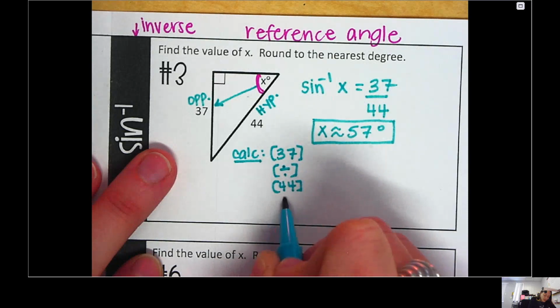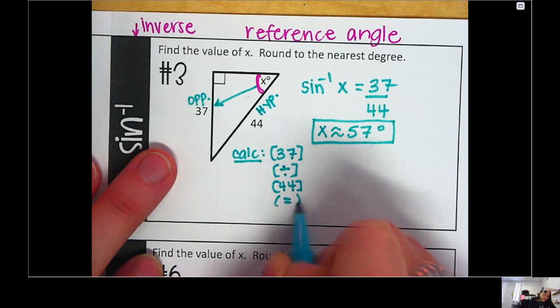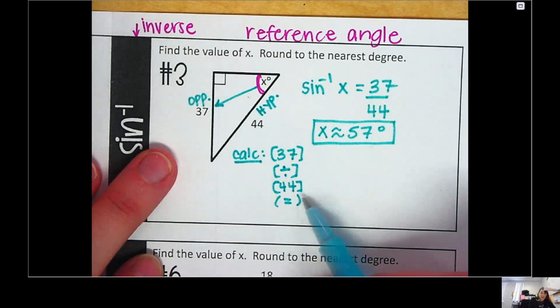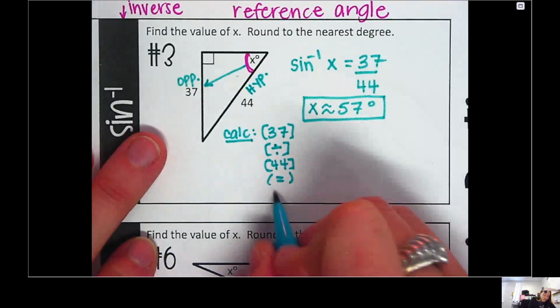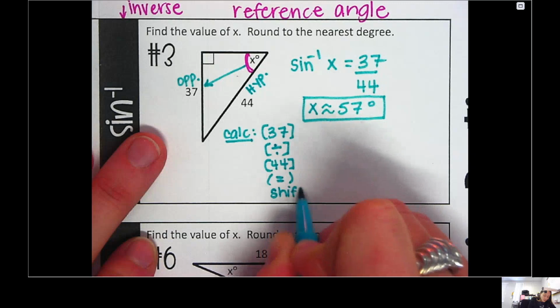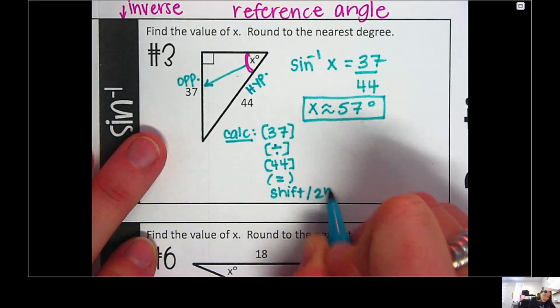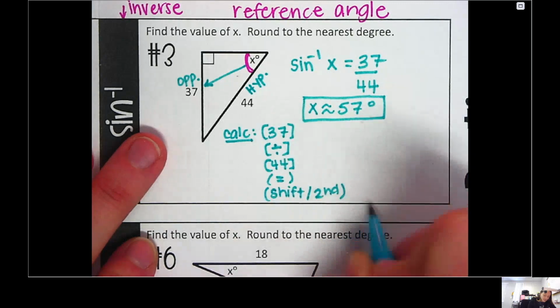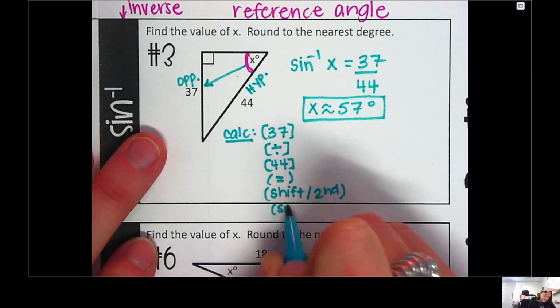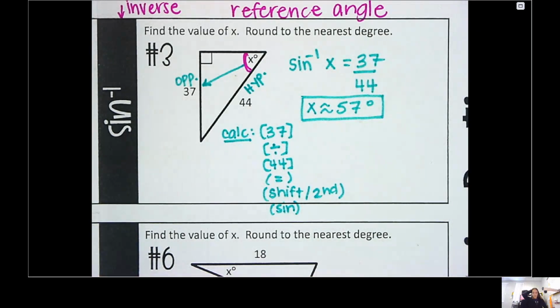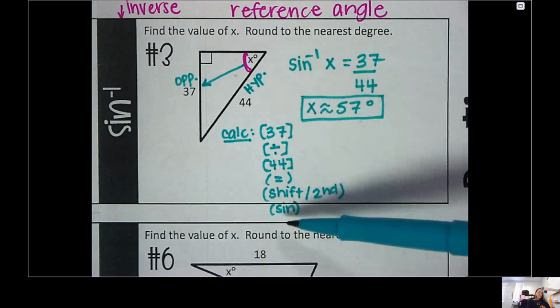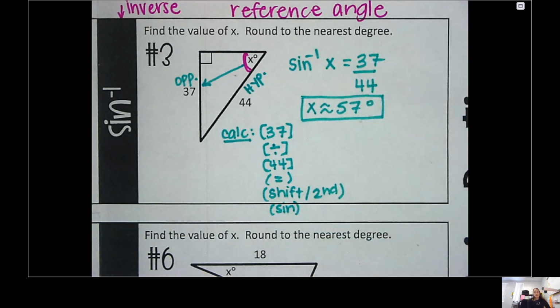Afterwards, we push the equal sign. Then we got our number, right? And then we pushed shift, or if you're using your phone, you pushed second, and then the last part was sine. And that's it. You didn't have to push an equal sign after that, okay? Whew. So that's a lot there, but again, it's like putting everything in essentially backwards is how you really use these calculators, which is kind of interesting.